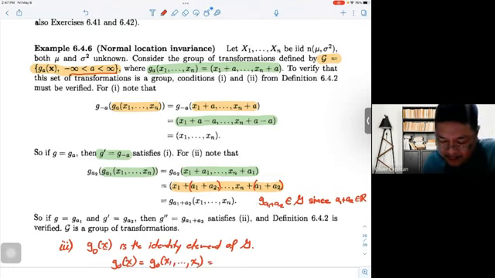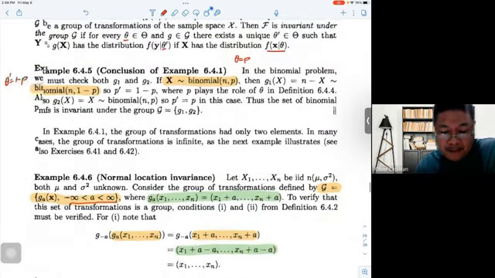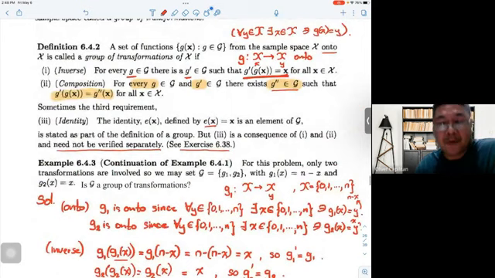Yung pagka-define natin sa g, so that is x sub 1 plus 0 dot dot x sub n plus 0. And this is the same as x sub 1 up to x sub n. So the identity element of our set script G here is g sub 0. So satisfied lahat yung ating requirement, no, above in this definition 6.4.2.